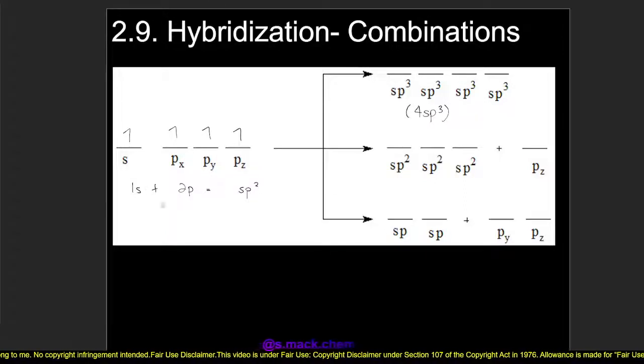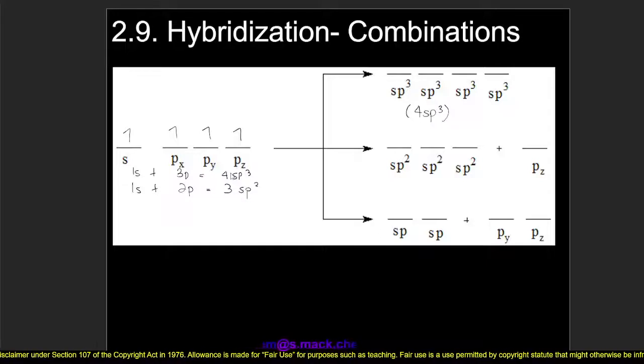Because we mixed 3 pure atomic orbitals in total, we would get 3 hybrid orbitals in total. That would leave 1 p atomic orbital unmixed, and this is what we see on the right hand side. So I'm just going to include my information for my sp3. Here we go.